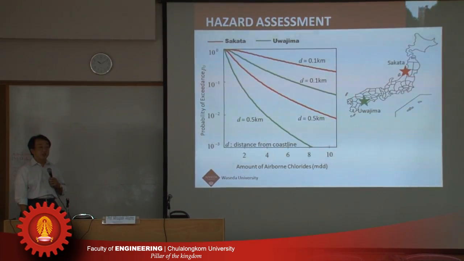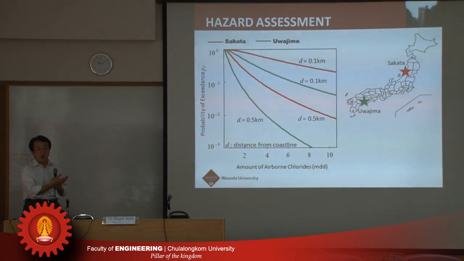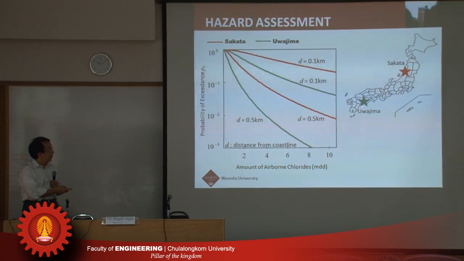This figure shows the hazard curves associated with airborne chloride for Sakata City and Uwajima City in Japan. The ratio of sea wind to land wind and wind speed are very different in these cities.